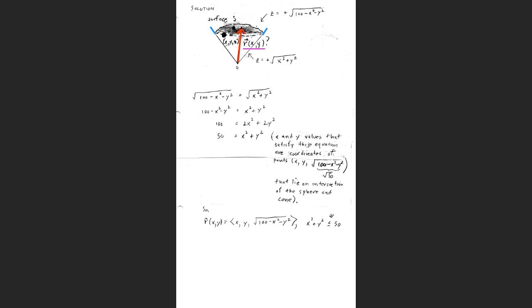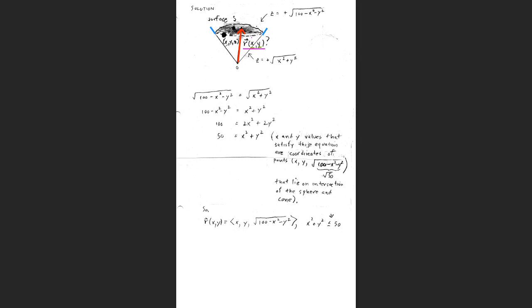One thing we notice is the surface S doesn't go on forever. So if we're going to let our parameters be x and y, there are going to have to be some restrictions on those parameters.